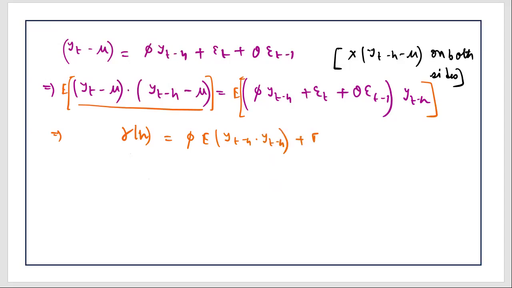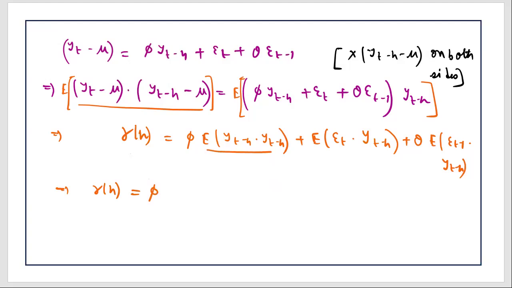So this is the first term. Then you have expectation of epsilon t yt minus h. Then you have expectation of epsilon t minus 1 yt minus h. So expectation of this is gamma h, that is why it is gamma h.